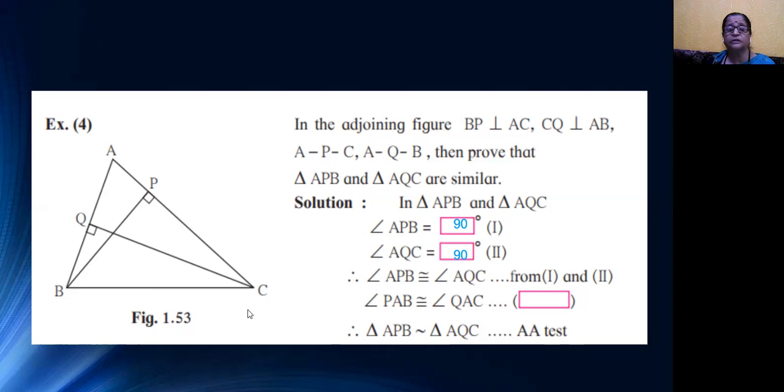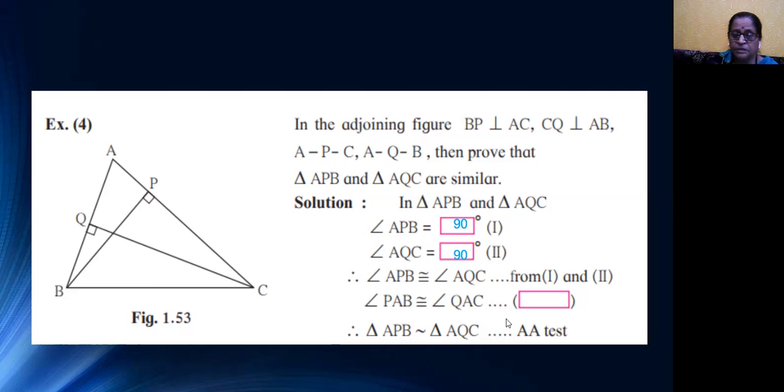Next, from 1 and 2, angle APB is congruent to angle AQC, because these two are 90 degrees. In the next, angle A, that is PAB and QAC, is common to both the triangles, so it is a common angle.